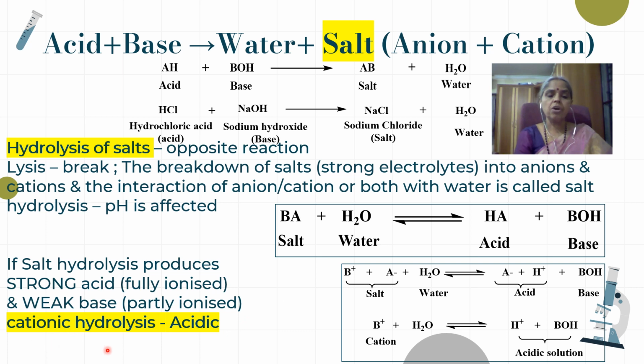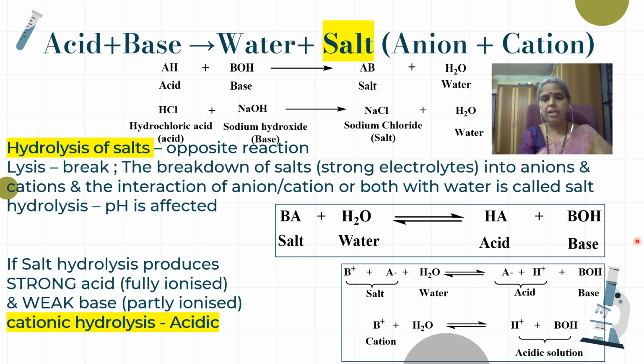So it is called cationic hydrolysis, which will result in the formation of an acidic solution. Where did the cation come from? The cation came from B+.